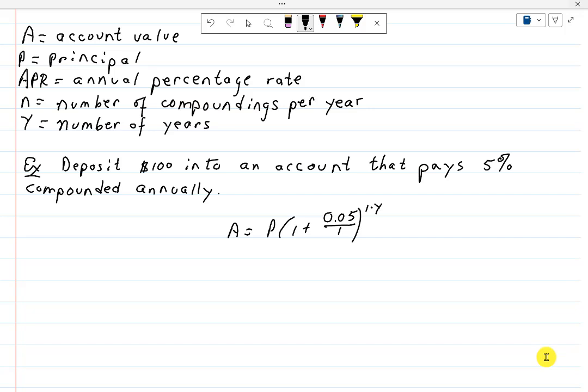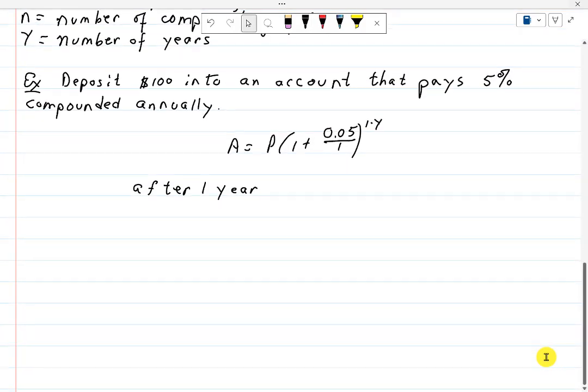So let's track what it has year over year over year. So after 1 year, we have A equals 100 times 1 plus 0.05 divided by 1 to the 1 times 1.